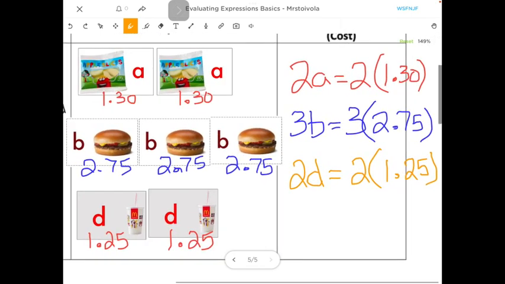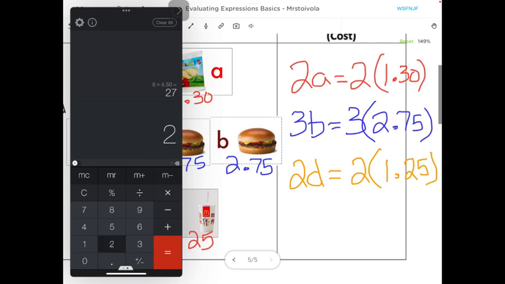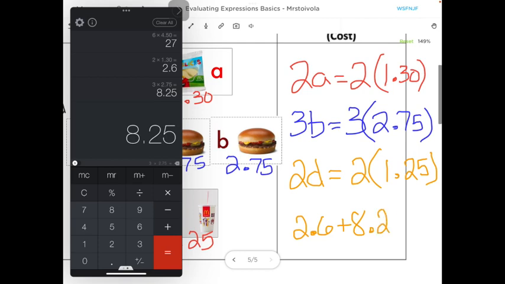So now I'm going to put this into my calculator and add them all together. I have 2 times $1.30, that's $2.60. Then 3 times $2.75, that's $8.25.